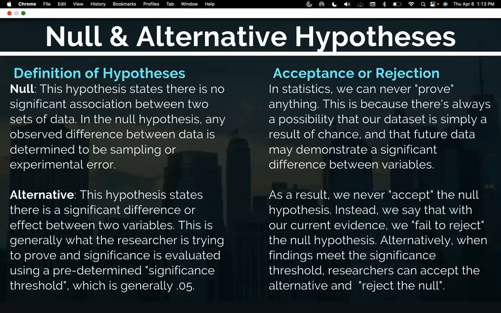So as a result of the possibility of future data allowing us to accept the alternative hypothesis, we will never be able to accept or prove the null. Instead, we will say that with our current evidence, we have failed to reject the null hypothesis. Again, as we mentioned, if we do have a p-value below that significance threshold, then we will be able to accept the alternative and reject the null.